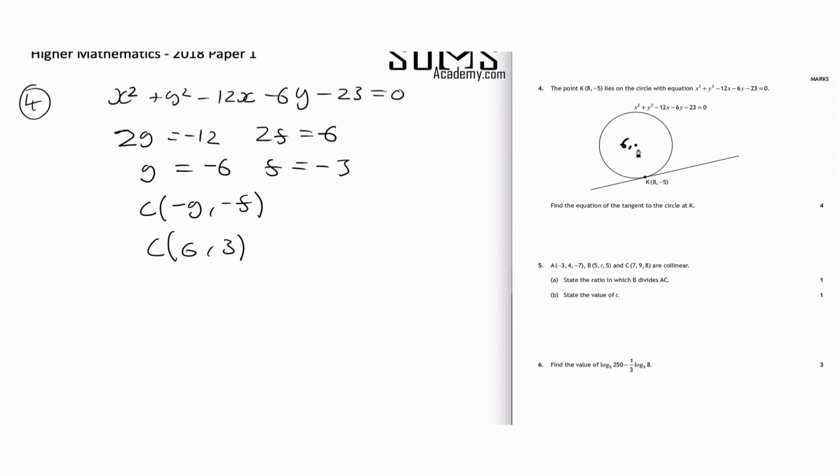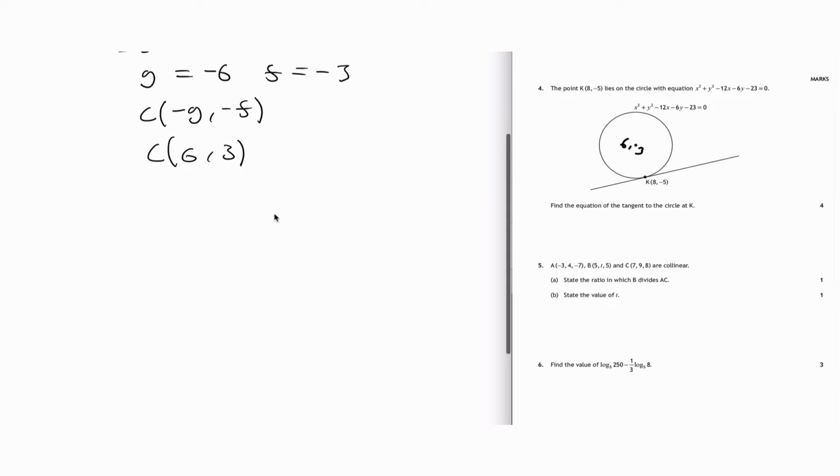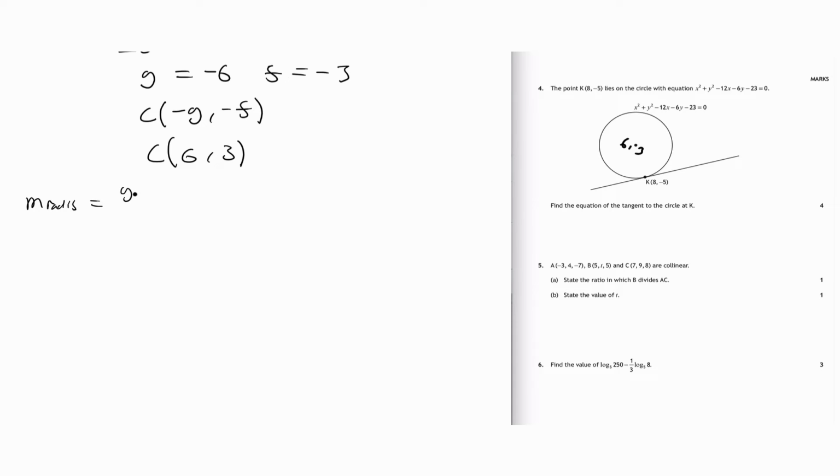6, 3. Okay, so now that we've got this point, we can now work out the gradient of the radius. So let's work that out. The gradient of the radius is equal to y2 minus y1 all over x2 minus x1.